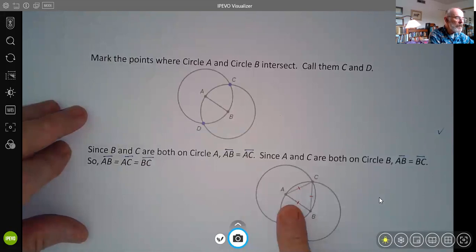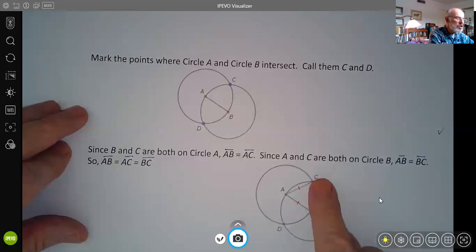Since A and C are also on circle B, AB equals BC. So what they did was draw lines between A and C, A and B, and B and C, showing that those lengths are congruent.